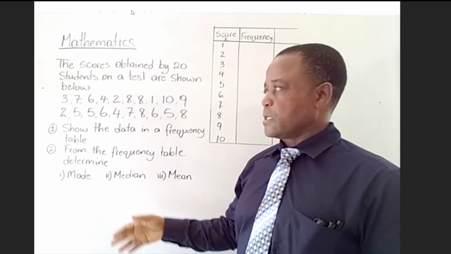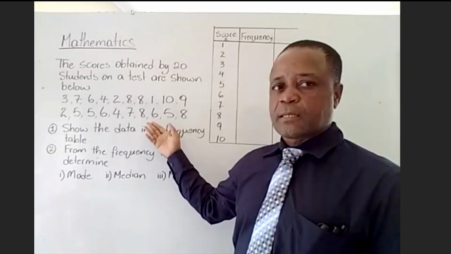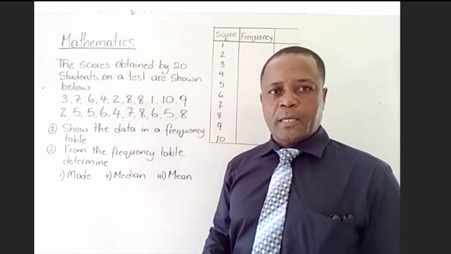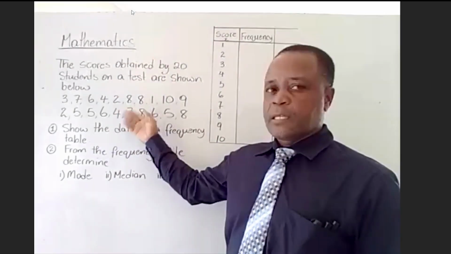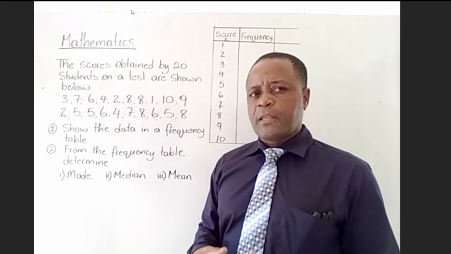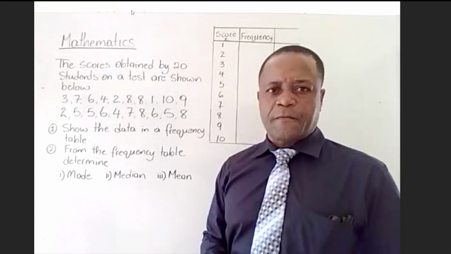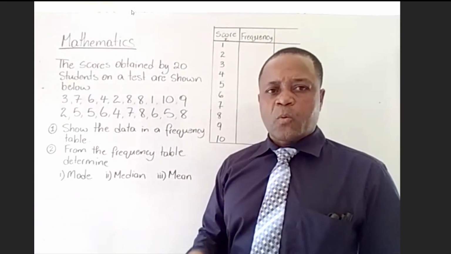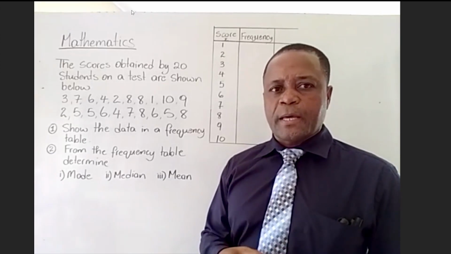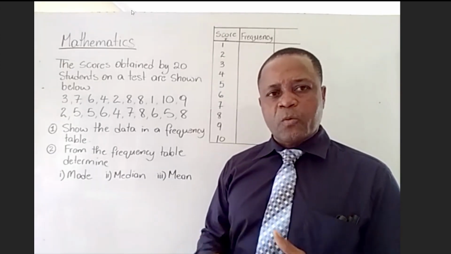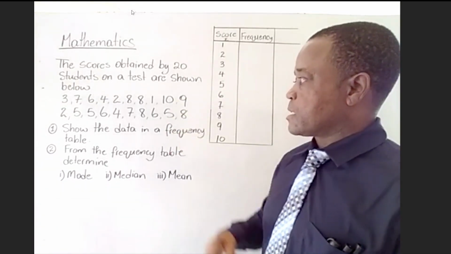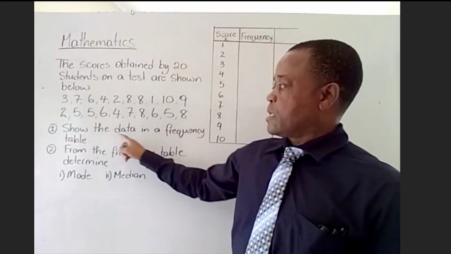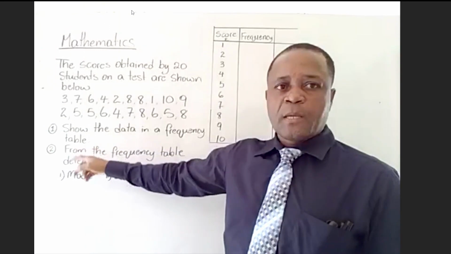Now, from previous classes, you would realize that this data is considered to be raw data. It's unorganized. Data in this sense is very, very difficult for us to make much sense of. Therefore, we need to organize our data so that we are better able to analyze. Now, it says we should show the data in a frequency table.